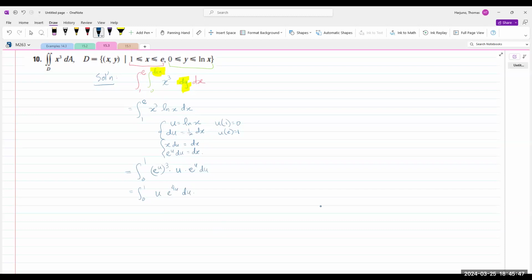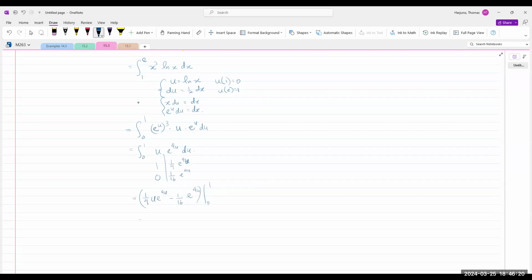Now integration by parts. I wonder if you remember, I do the tabular method. So this is equal to 1/4 u e to the 4u minus 1 over 16 e to the 4u from 0 to 1.